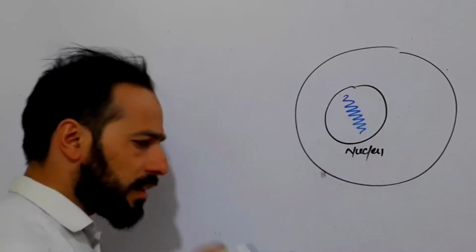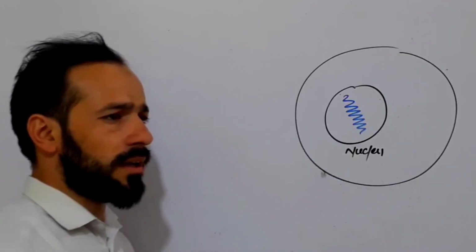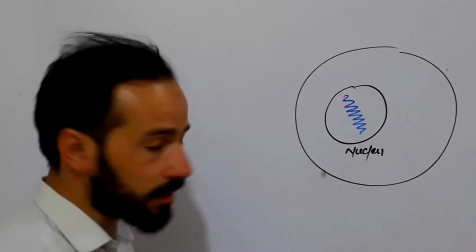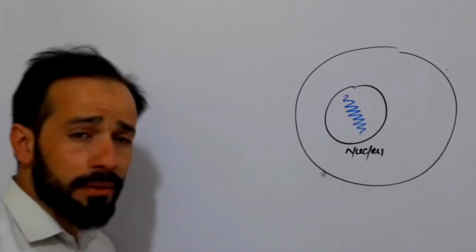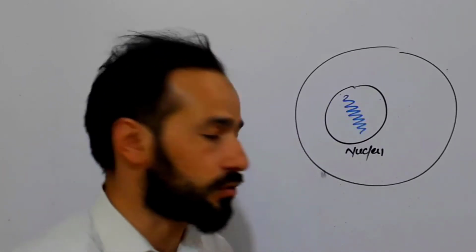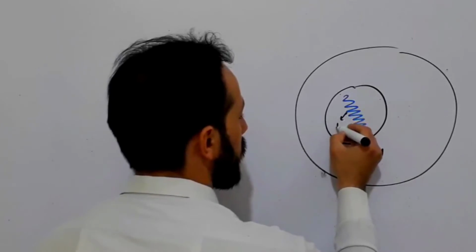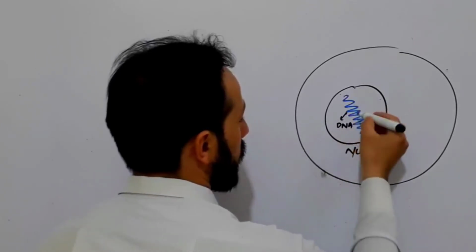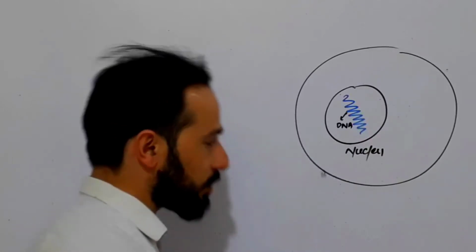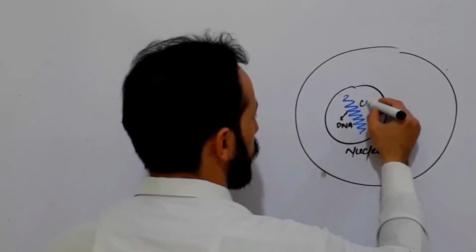Let me write one definition, then I will explain it here. What is the nucleus? The part of the cell which houses the chromosomes. This is DNA, and when this DNA is in the stage of division, it makes chromosomes.